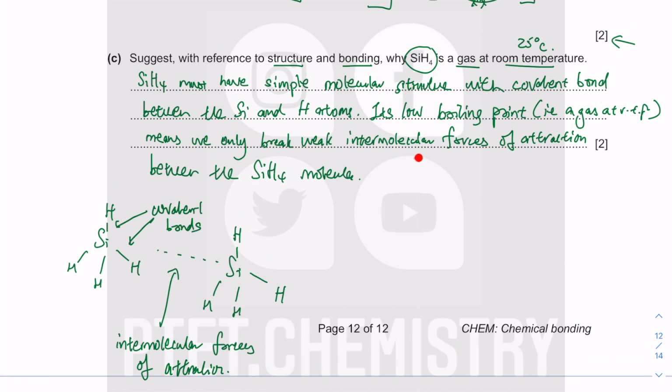We're only breaking weak intermolecular forces between the molecules, because we separate the molecules further and further apart from each other as we boil it, and these are very weak intermolecular forces, so we only require a small amount of energy. So only a small amount of energy is required to break the weak intermolecular forces. Therefore, it has a low boiling point. Therefore, it's a gas at room temperature and pressure.